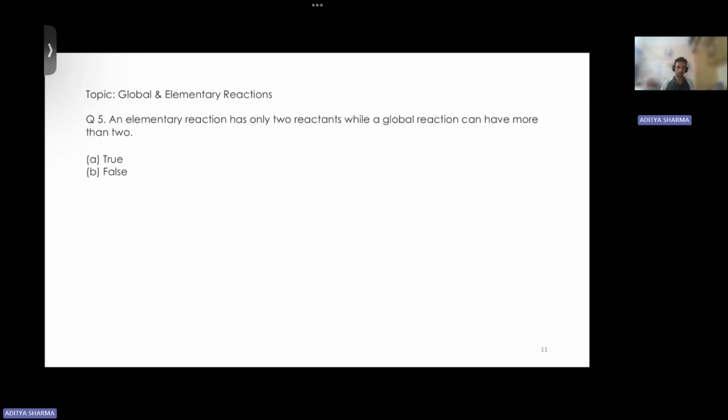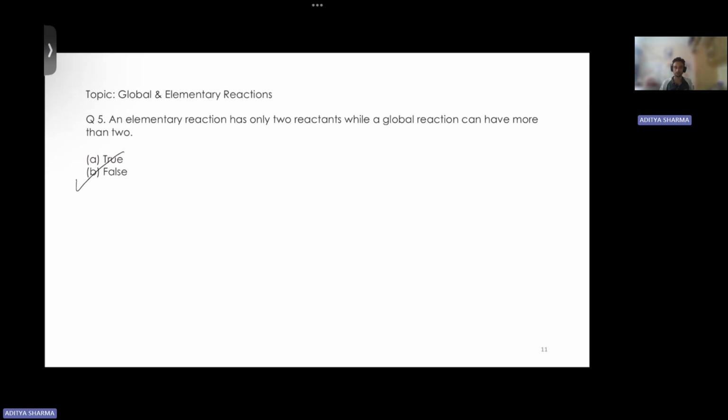Okay, so the answer to this question is false. Why so? Because we have seen in our discussion on the topics of this week's content that the elementary reactions can be unimolecular, they can be bimolecular, and they can be termolecular.